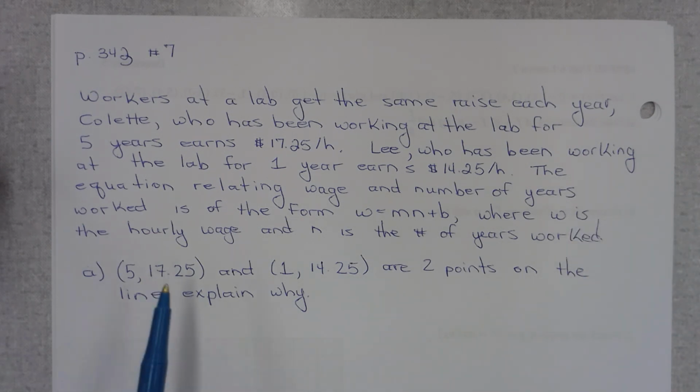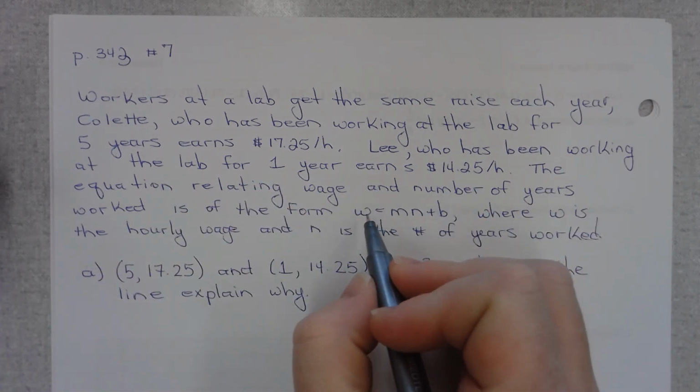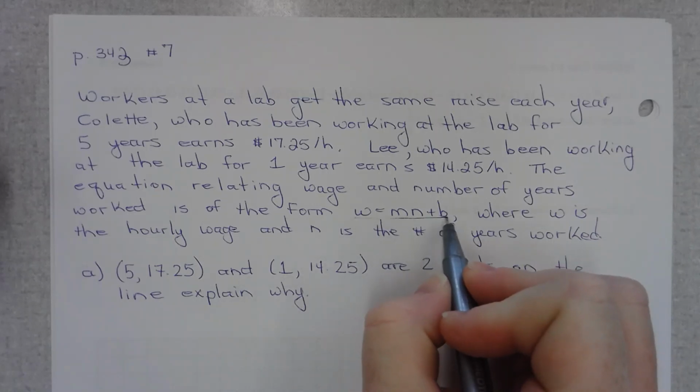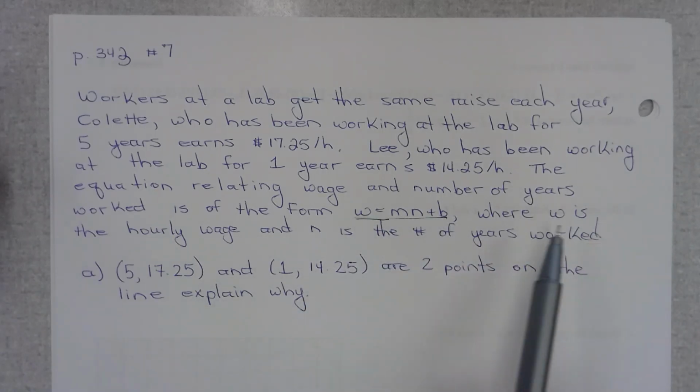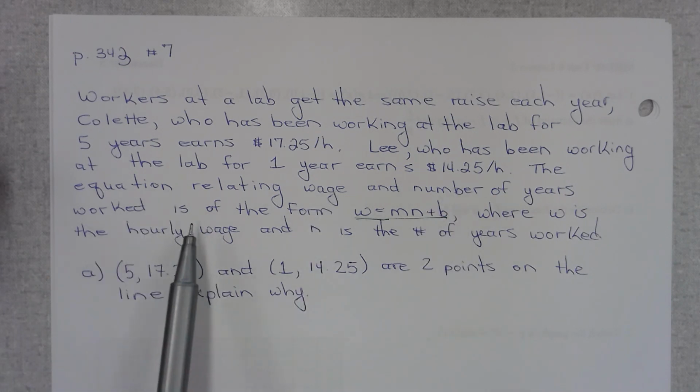So the first question says you have 2 points, (5, 17.25) and (1, 14.25), and explain why these 2 points are on the line. If we take a look at what we've been told, this equation represents the wage and the number of years worked.